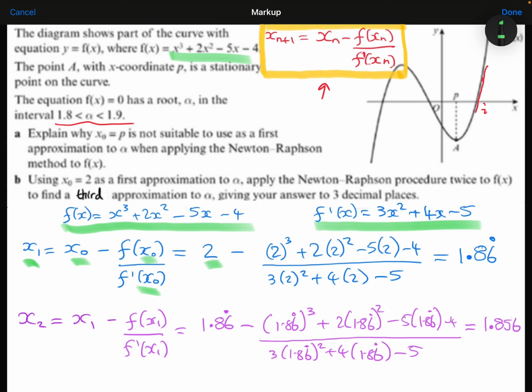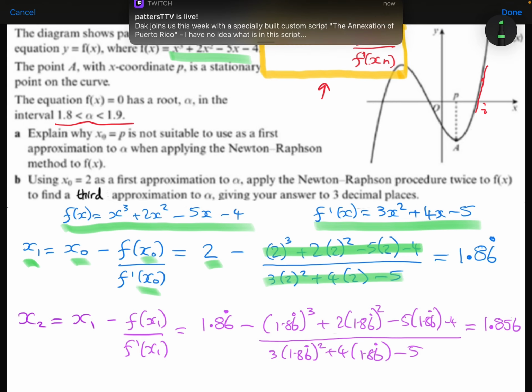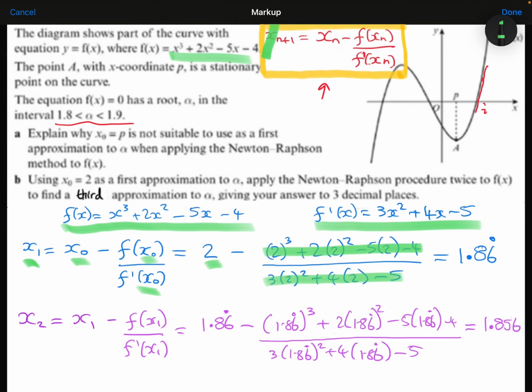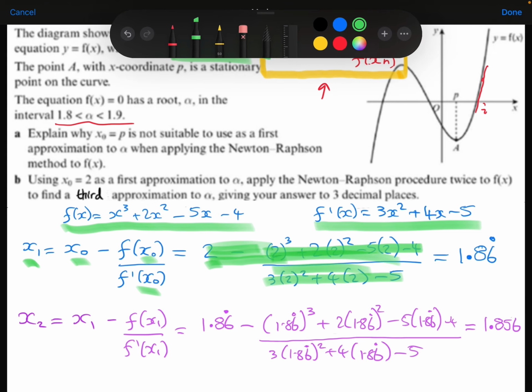x0 is 2, I was told that in the question. This is me substituting 2 into the f function, and this is me substituting 2 into the f dash function, the gradient function. If I type all that into my calculator, so 2 minus this fraction, that gives me 1.86 recurring.